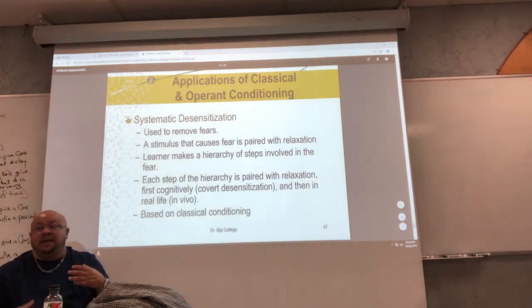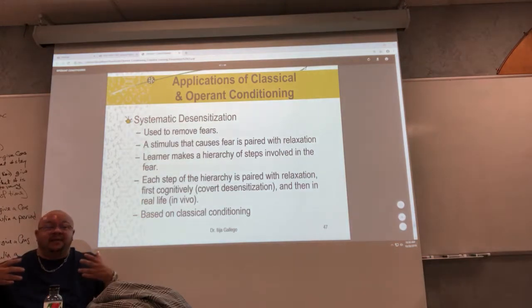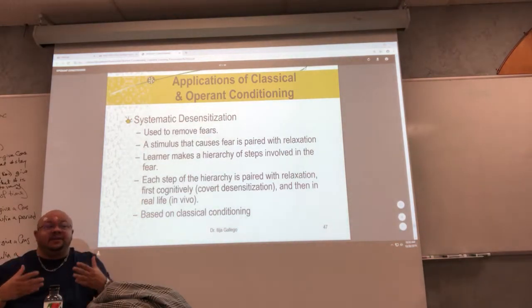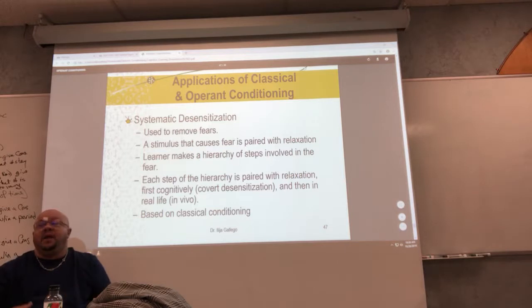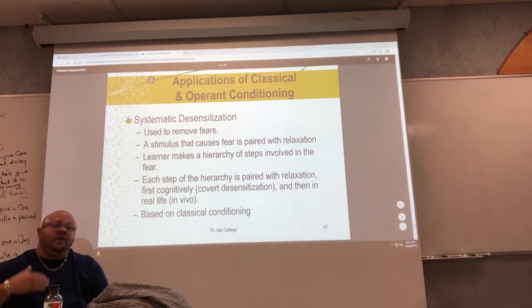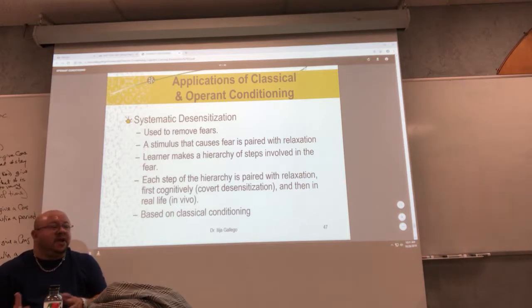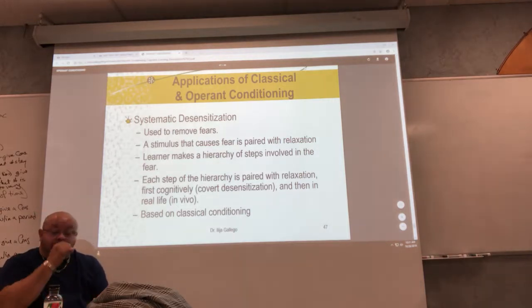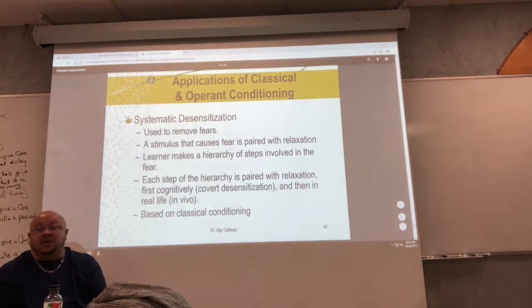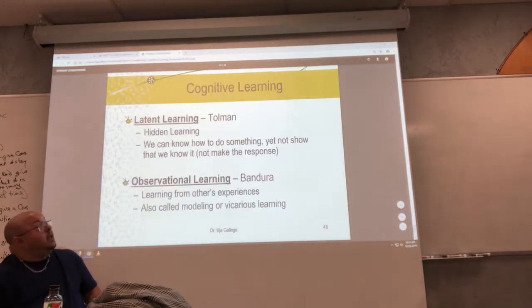So in your mind, you're dealing with the picture of the little cat, and then something more and more, and then finally, you're dealing with holding a cat. And after you've gone through that over and over in your head, and you're staying relatively relaxed because you're pairing the relaxation I taught you with these steps, then you do it in real life, which is called in vivo desensitization.